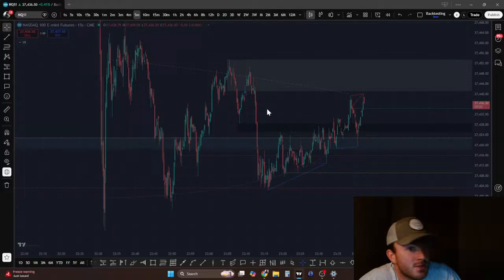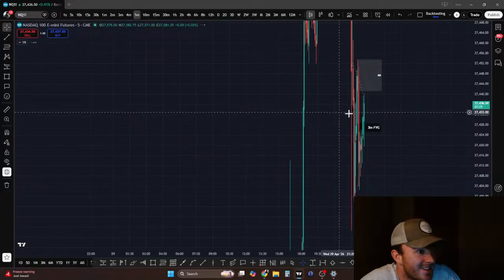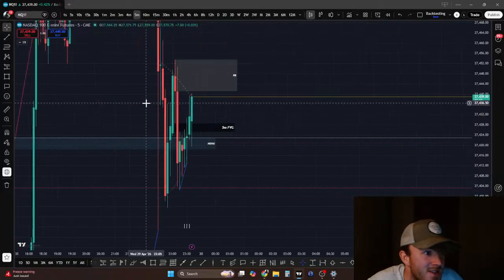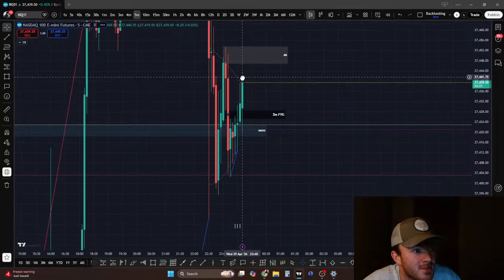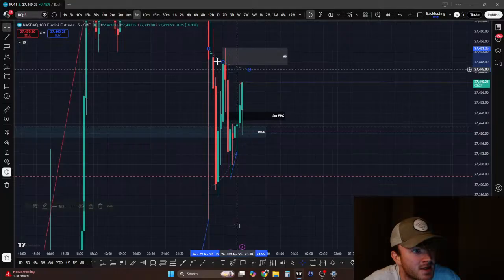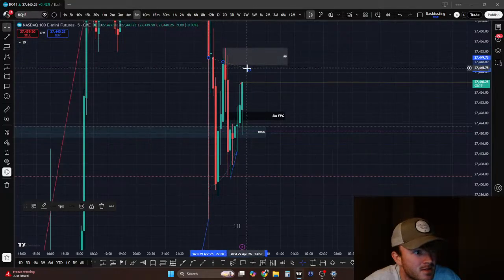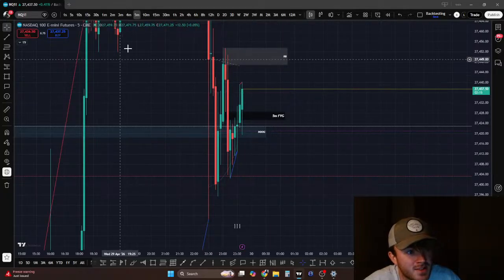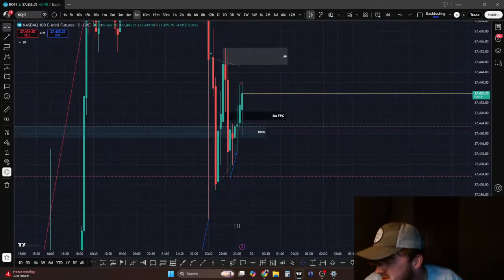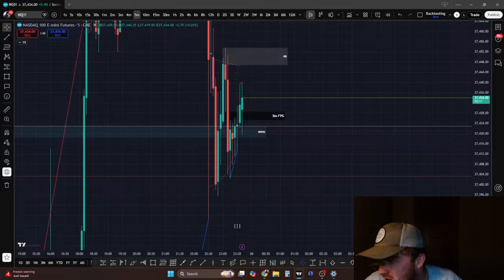We might use this rejection block. I wouldn't even be surprised. But I keep longing, obviously, and it's not working. We just got market sell.